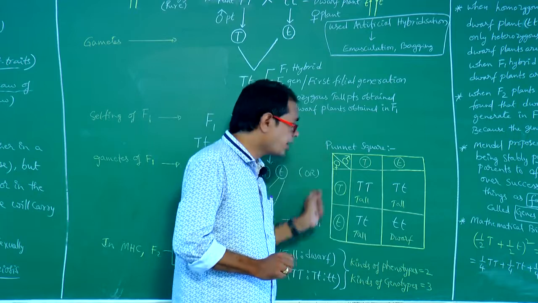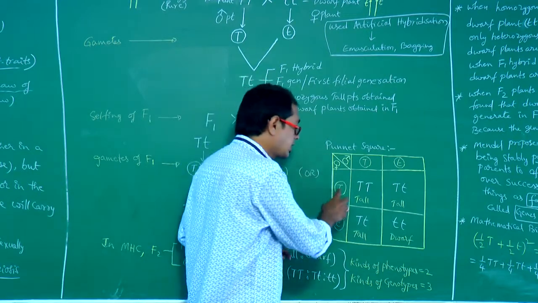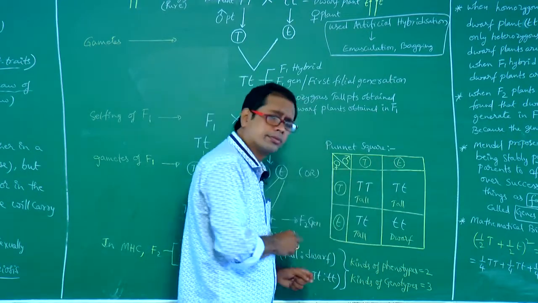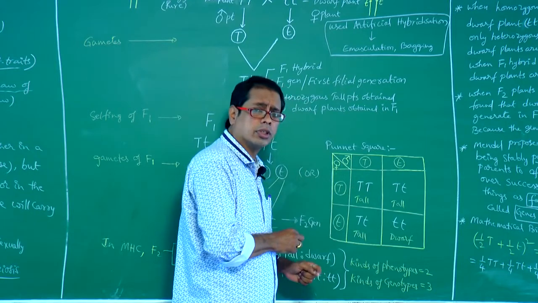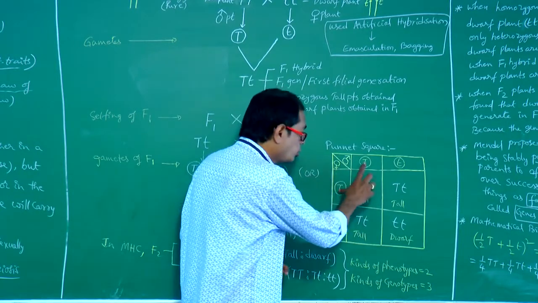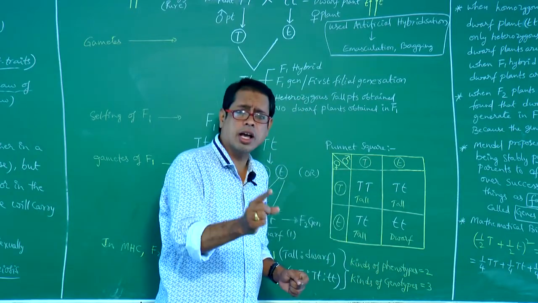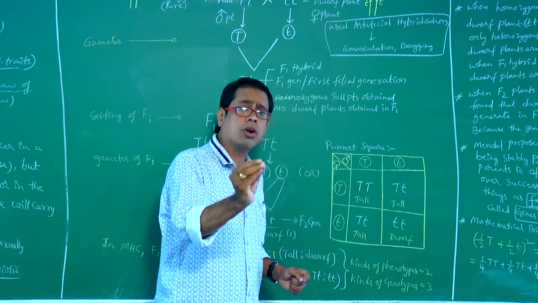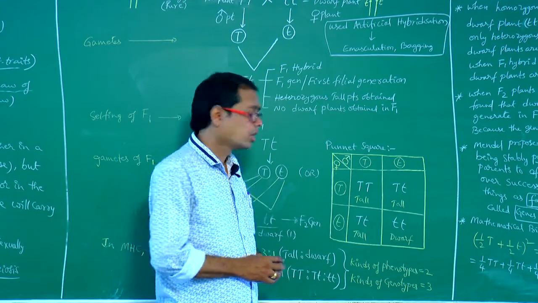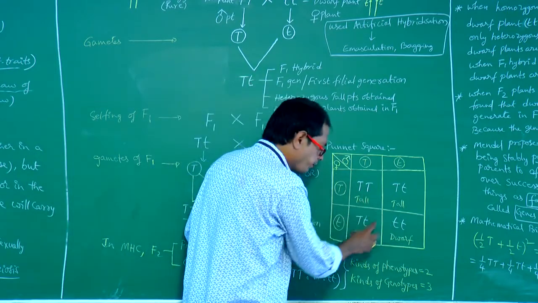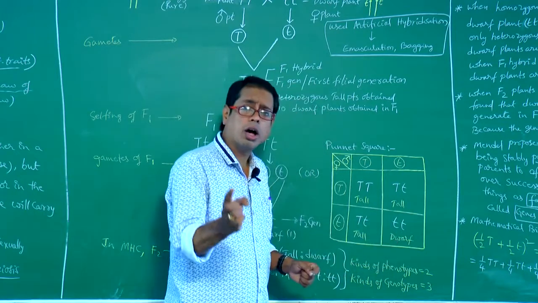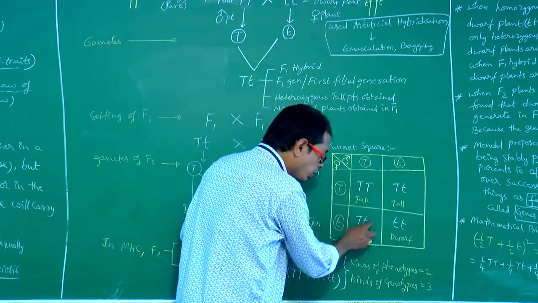By seeing the Punnett square, the type of gametes, the union of gametes, which is zygote formation, all possible phenotypes, all possible genotypes.